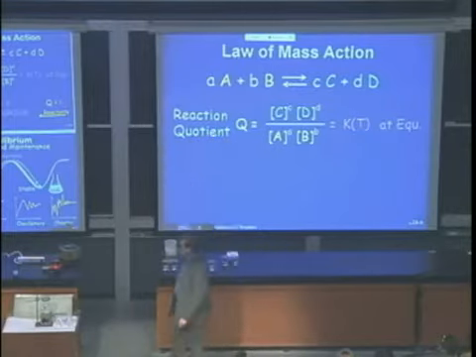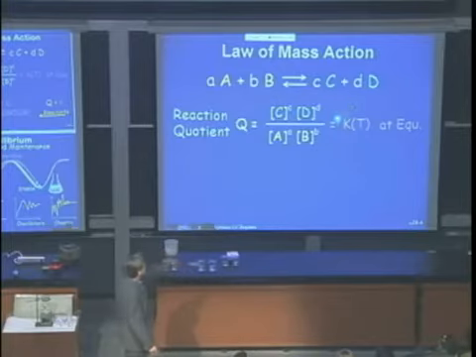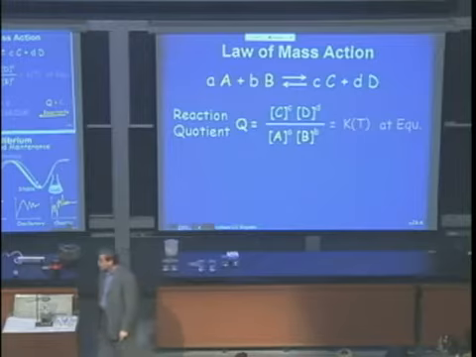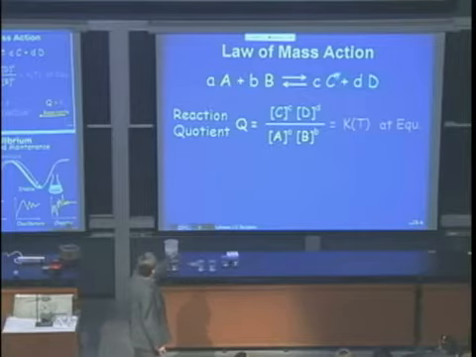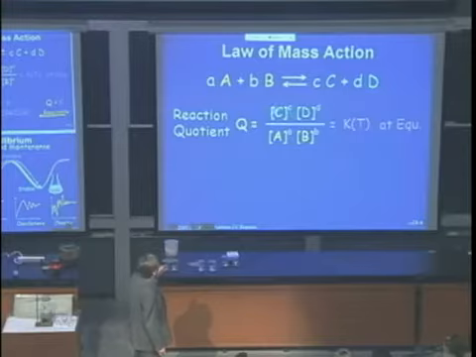You can look up equilibrium constants in tables for all kinds of reactions. They have been measured. So now I have these products and these reactants, and I know what will happen, whether the reaction goes this way or that way, till it reaches that number.